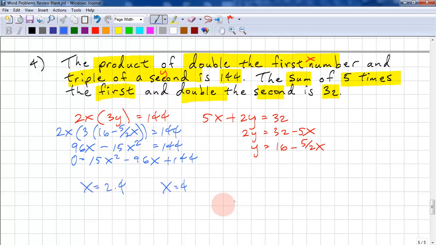So these are our possible first numbers. So the numbers are 4 and 2.4. We can do this as a fraction, 24 over 10. That reduces to 12 over 5.